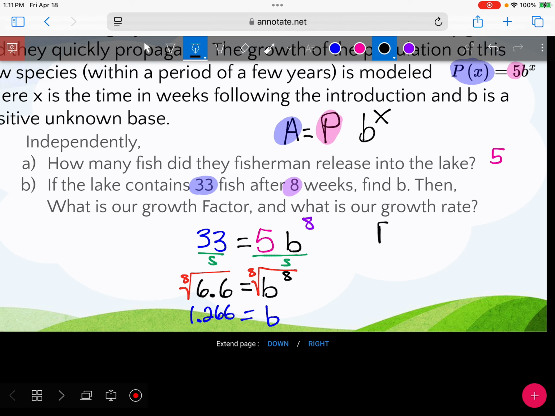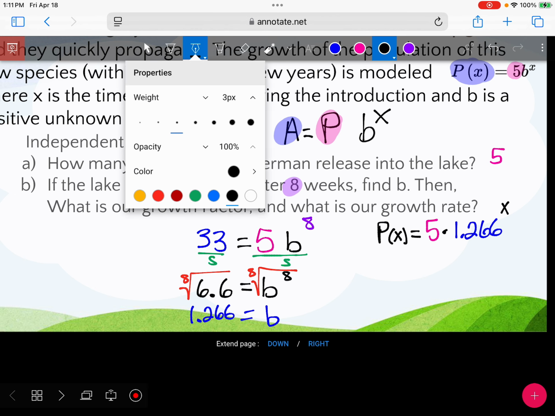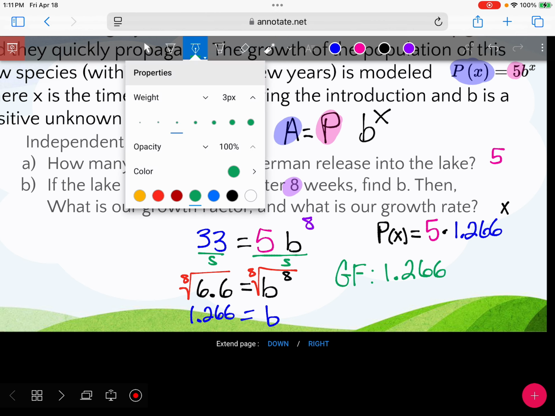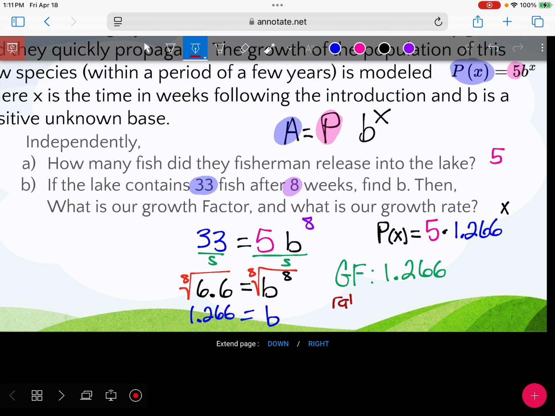So what is our growth factor? If we're looking at our equation, I could rewrite this whole thing fully filled in now, times 1.266 to the x. What is our growth factor? 1.266. It's the whole base, that whole piece that has the exponent. What is our growth rate? Yeah, so we have a couple of ways of writing it. That is not how we spell rate. There we go.